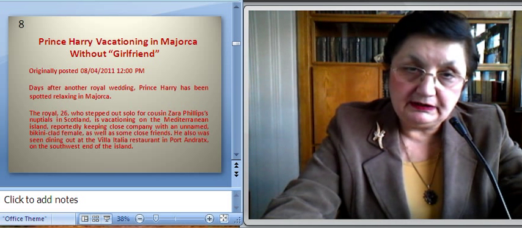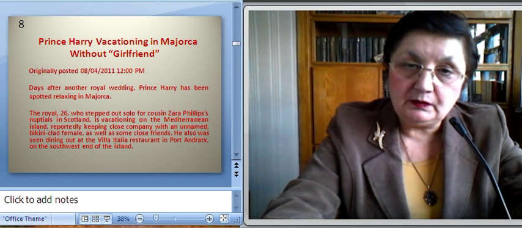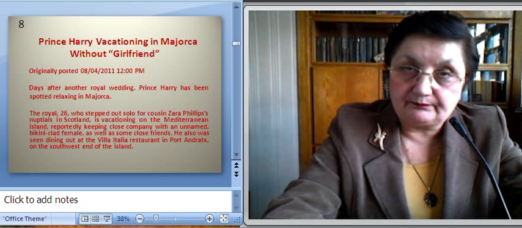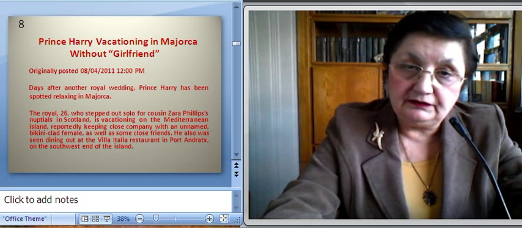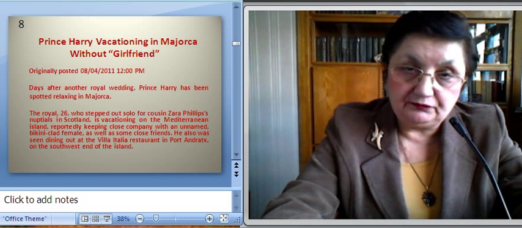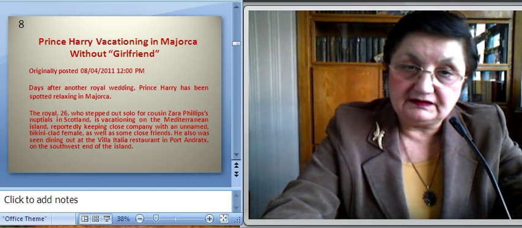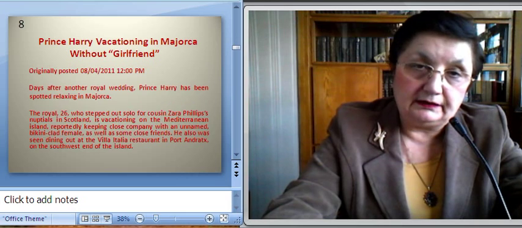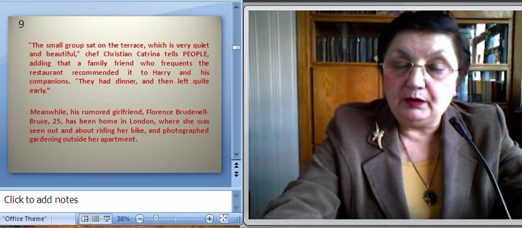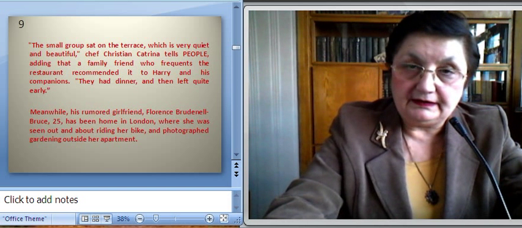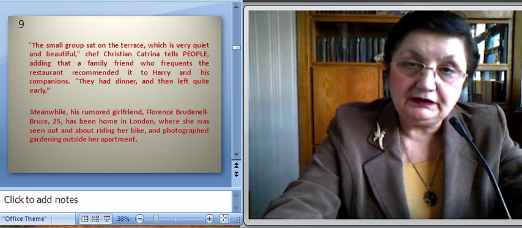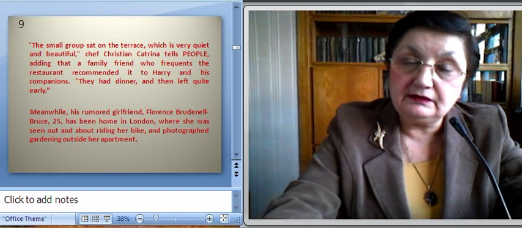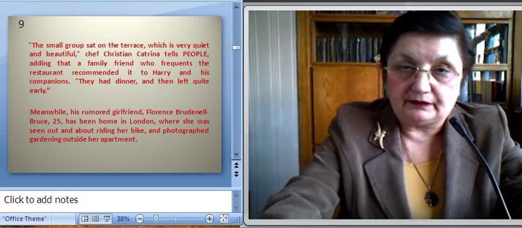He also was seen dining out at the Villa Italia restaurant in Port d'Andratx, on the southwest end of the island. "The small group sat on the terrace, which is very quiet and beautiful," Chef Christian Catrina tells People, adding that a family friend who frequents the restaurant recommended it to Harry and his companions.